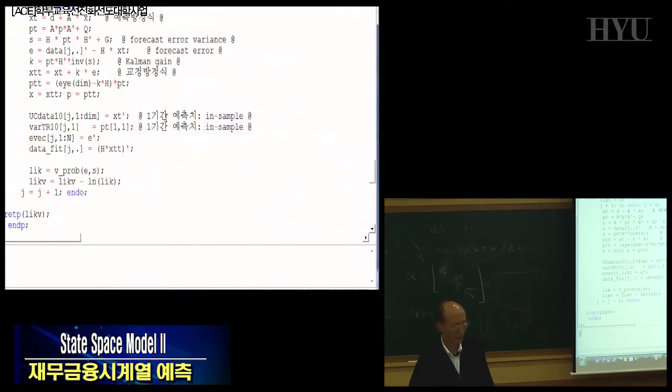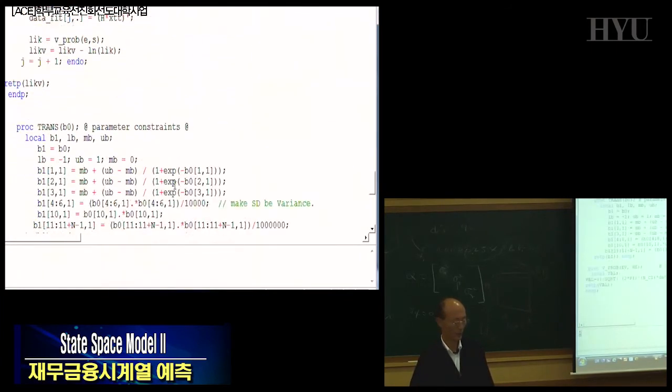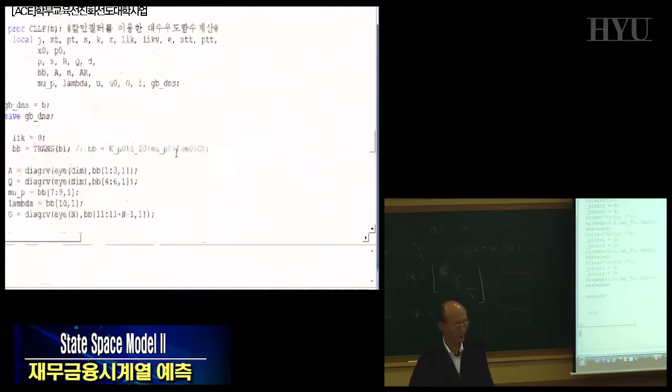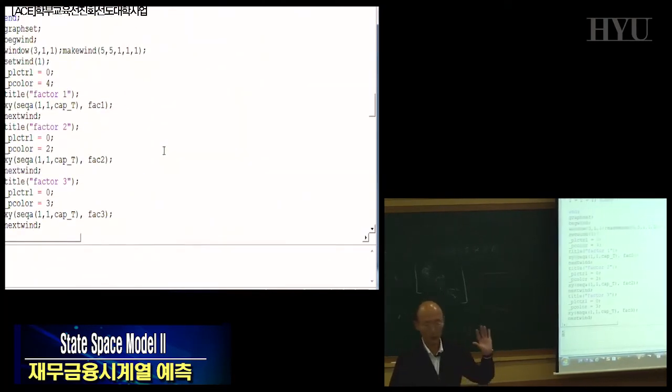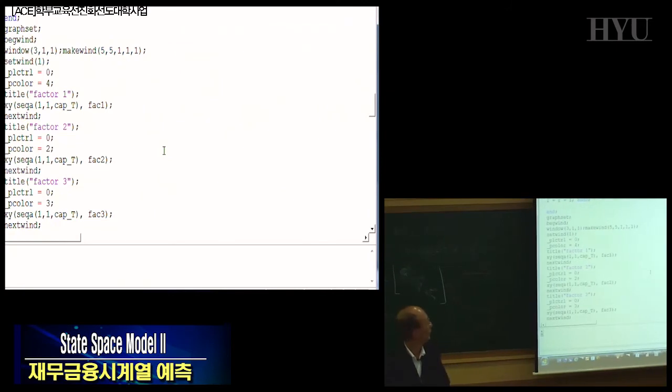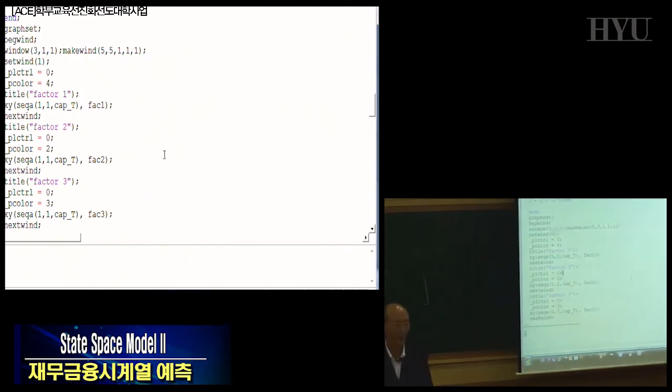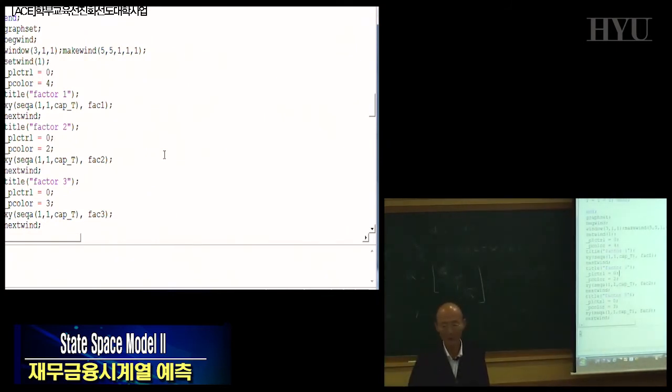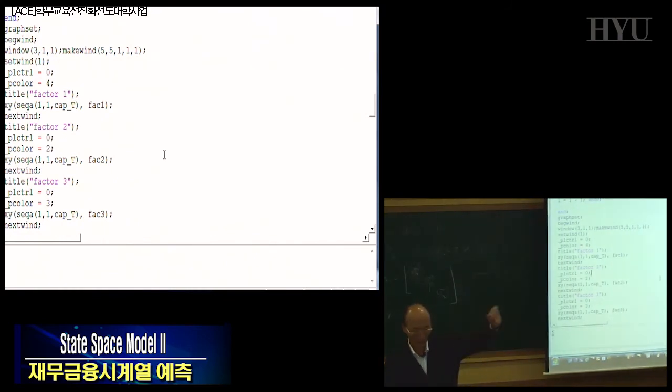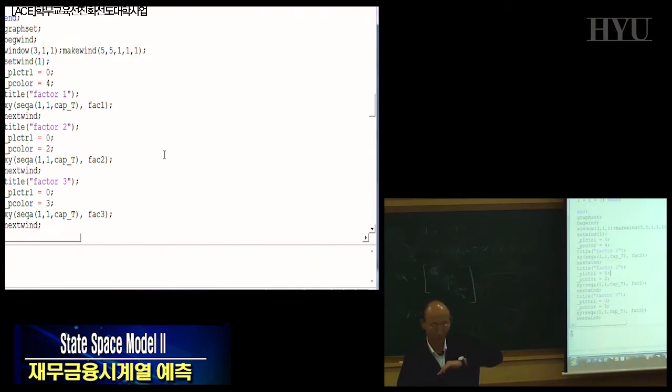Perhaps the last one could be, even if I distribute this program to you, and suppose you want to apply this to your own problem, and you may have, let's say, 9 maturities, or sometimes you may have a finer frequency like 15 maturities.